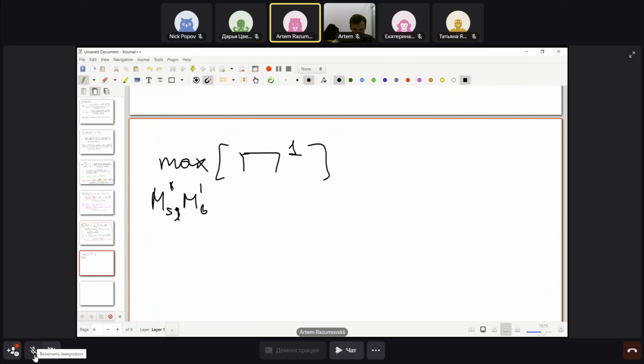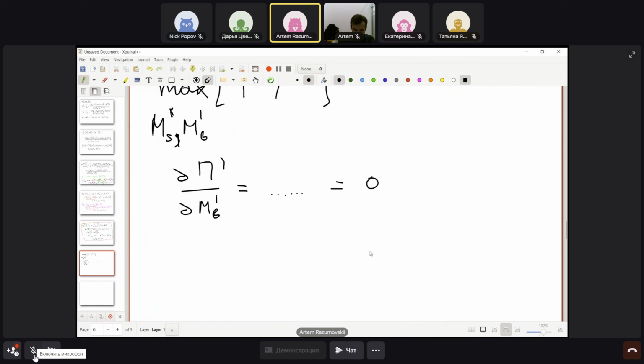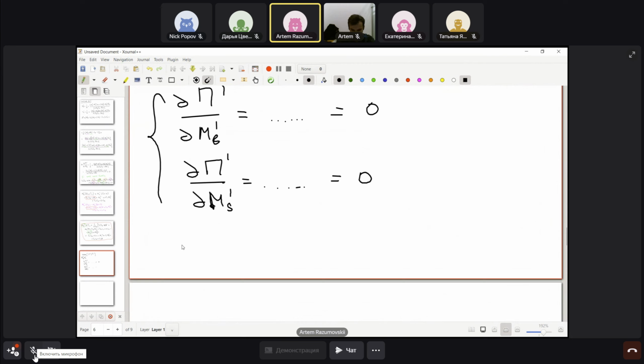So then we take the derivative with respect to price of buyers, which is equal to 0. And then we take the derivative with respect to sellers price. And we got two equations.